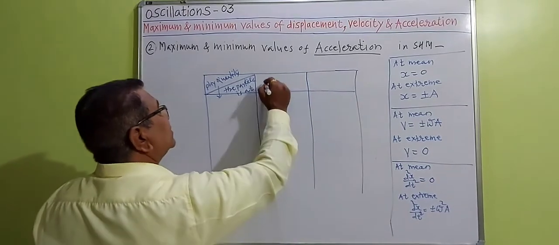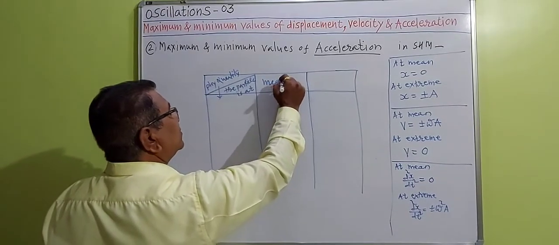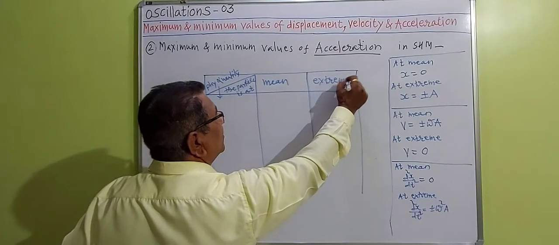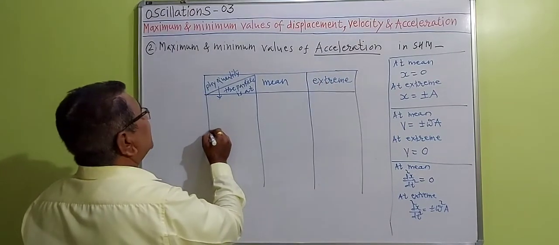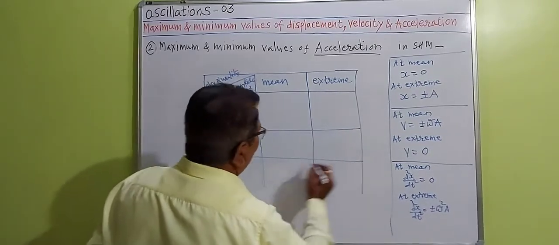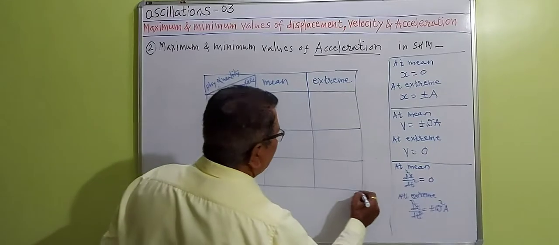This is mean position, this is extreme position. These are the three rows, 1, 2 and 3.